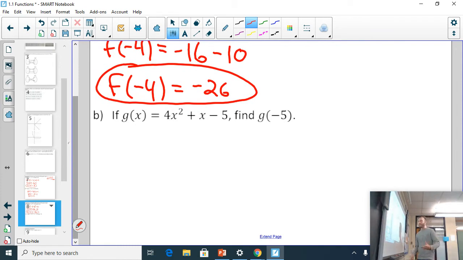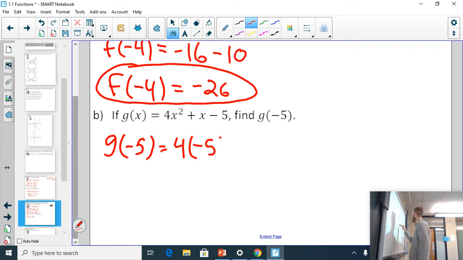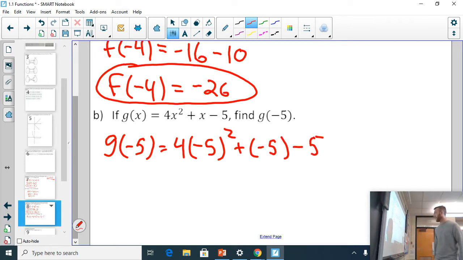Same idea here. We have g of x, and we are looking for g of negative 5. I've replaced x with negative 5. So wherever I see an x, I'm going to replace it with negative 5 and keep everything else the same.